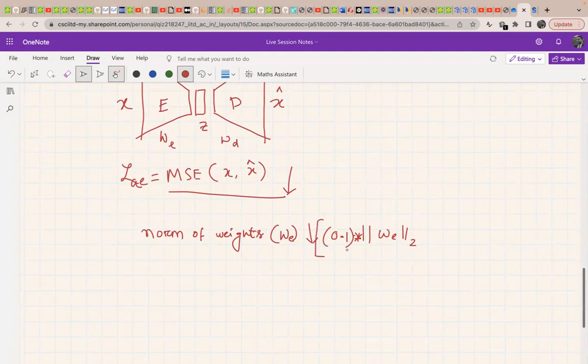The sparsity factor is 0.1, and multiplying gives our loss sparsity.